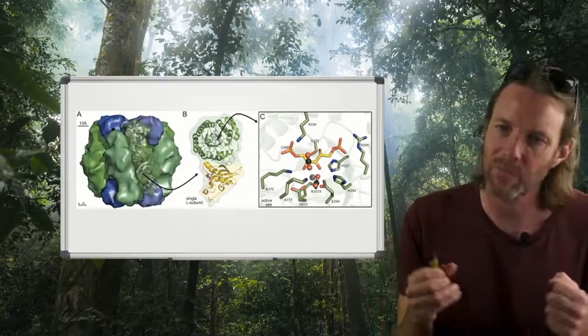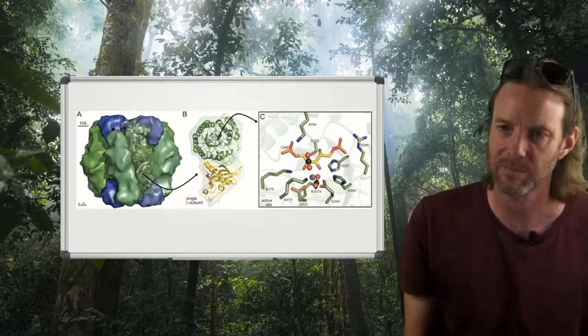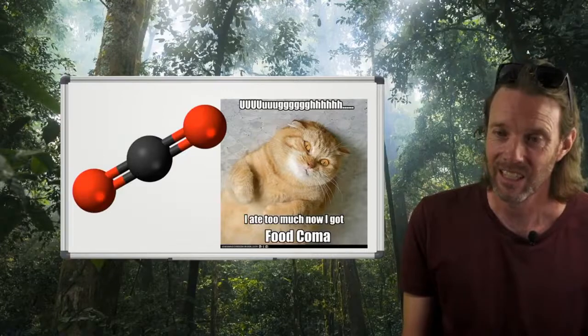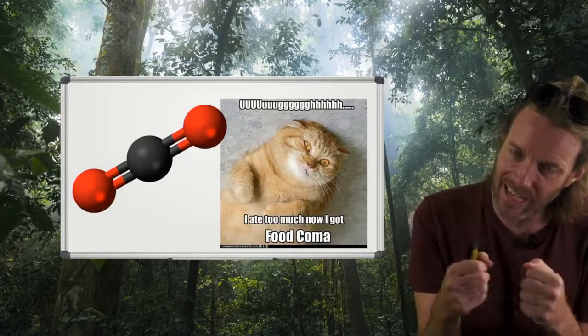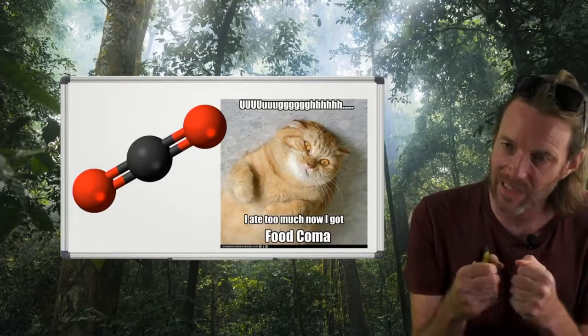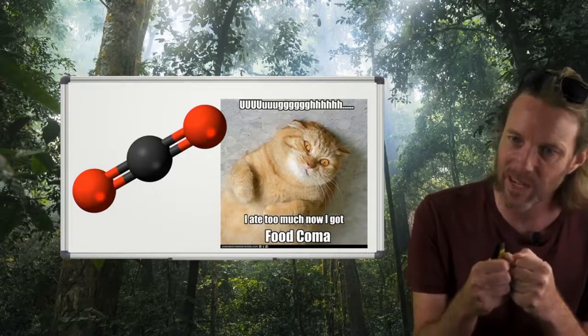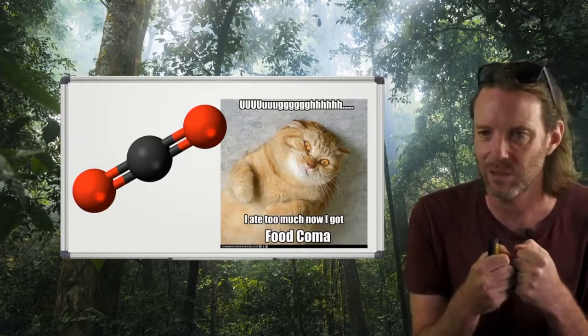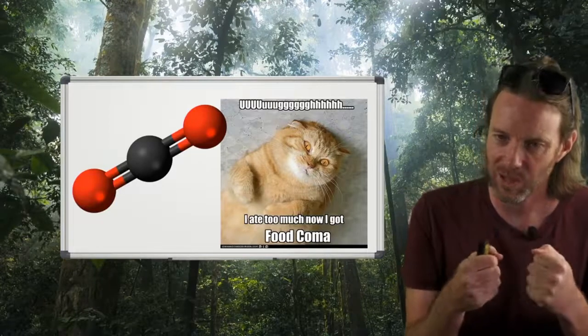It's sort of a hungry protein. Another way to think about it, in terms of this cat analogy, is grabbing these sugars. And when it has a sugar in its active site, it can't grab another one. So it does get kind of full if it's eating too many CO2 molecules.